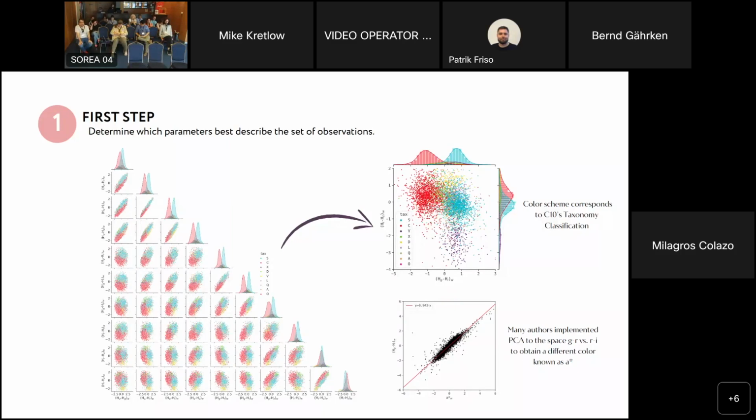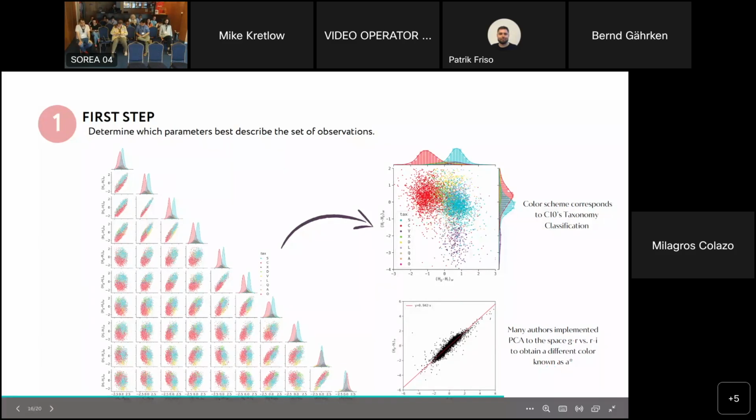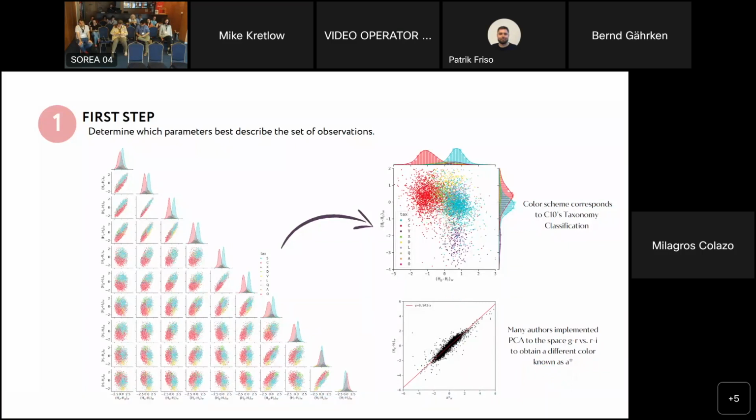Also, we noticed that other authors usually implement principal component analysis to obtain this color A. But this color A is correlated with the HG minus HI color. So we prefer to use the HG minus HI color because we don't have to compute the principal component analysis, so we are reducing the computation time.